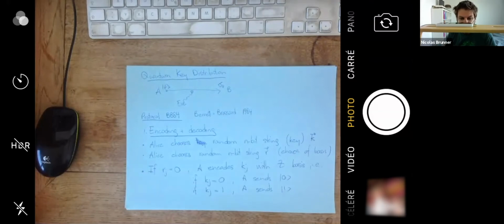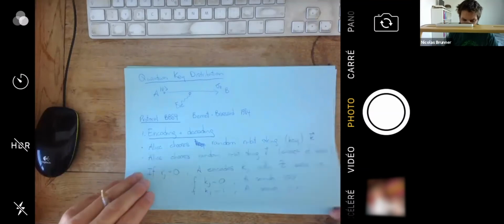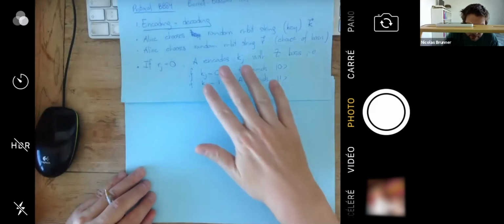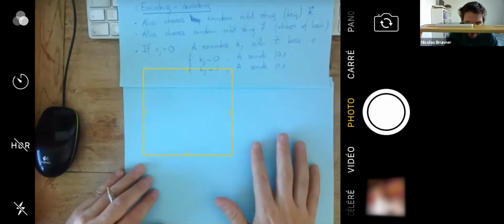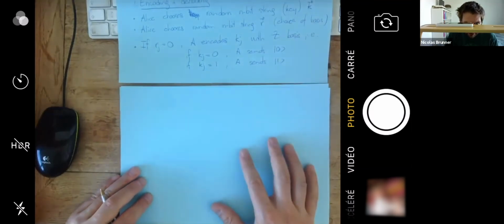The state of that qubit will depend on the value of the bit string, but also on this other variable here, Rj, which is the choice of basis. So here we did the first case, and you can imagine what is going to happen in the second case.